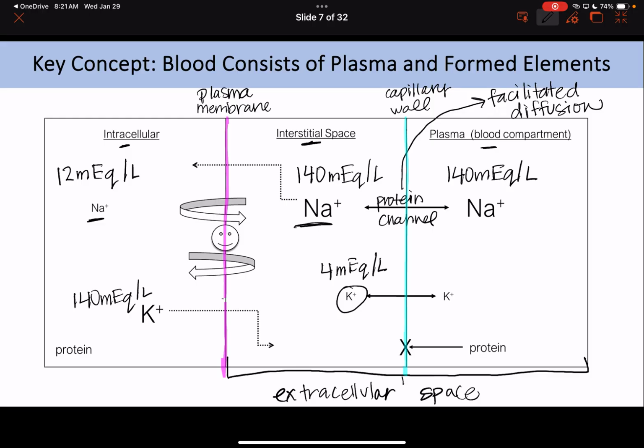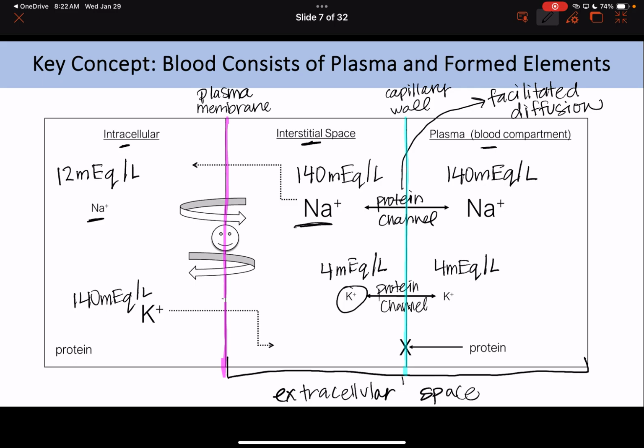And like I said, because both the interstitial space and the plasma are considered extracellular, or outside the cell, they usually have equal concentrations of solutes in these two. And this is also carried out by a protein channel via facilitated diffusion.